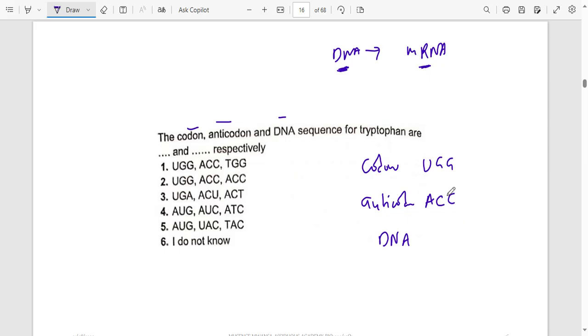In other words, if the codon is complementary with DNA, the codon is also complementary with the anticodon. DNA and the anticodon are basically the same. So it's also ACC, except it will be different where you have uracil. In DNA, you don't have uracil, it is substituted with thymine. Hope you get that. So what will be the answer now?